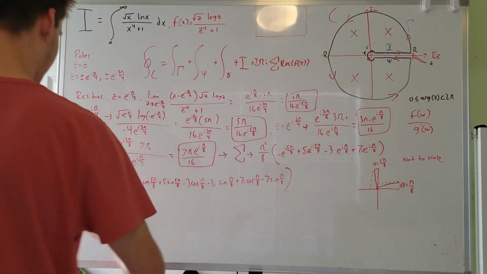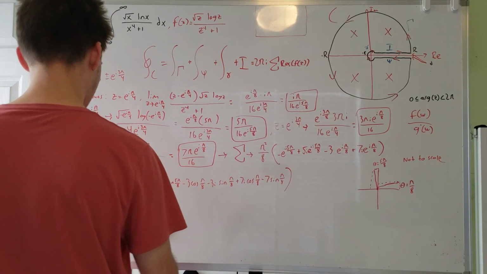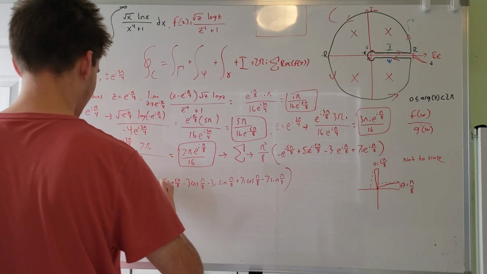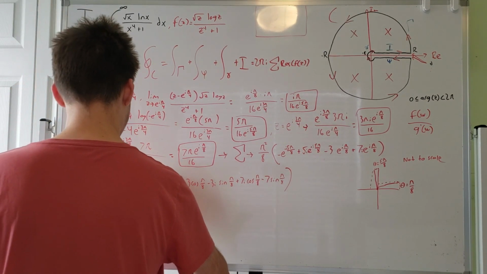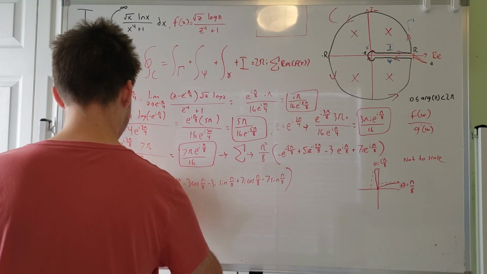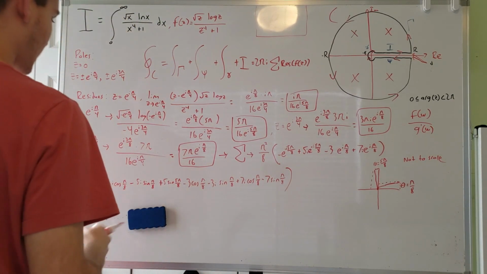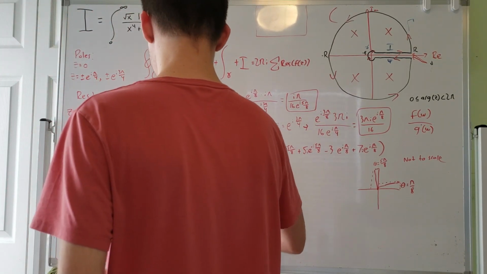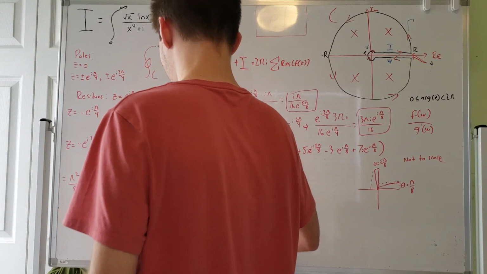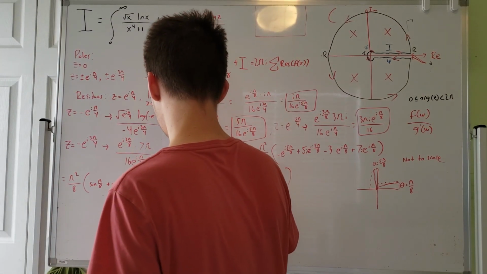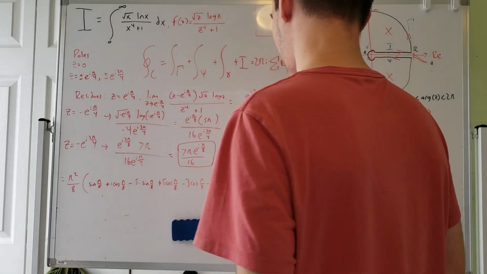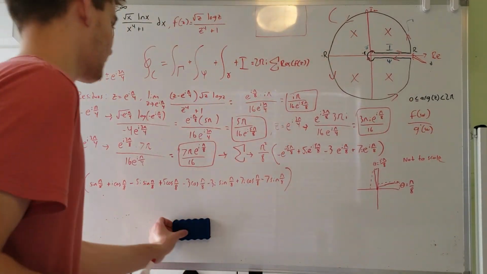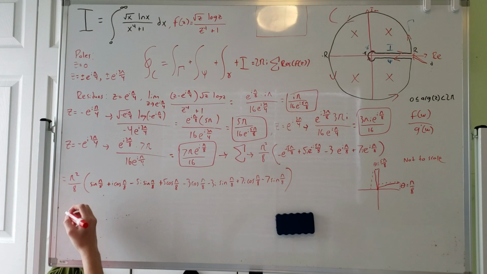Okay, this we already established can be changed to negative sine pi over 8. Okay, this can be changed to cosine pi over 8. Again, just same process. Yeah, okay, we've got everything in terms of pi over 8. So now, let's combine some terms.